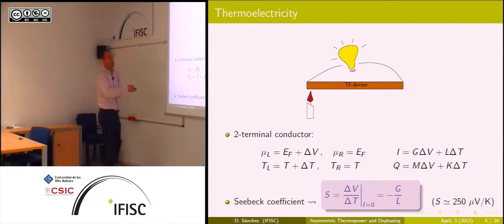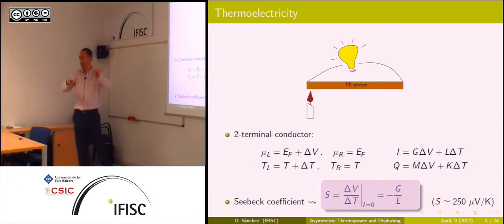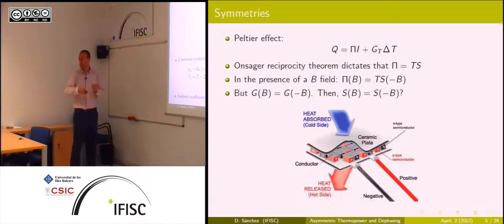Now you can do the same with the heat flux. Okay, so of course, when you are transporting charges, you can also transport energy. So the heat flux can be written also in terms of the applied voltage and also the temperature gradient, with some coefficients M and K. K would be the thermal conductivity or conductance, and M would be just the response of the heat flux to a change in the voltage.